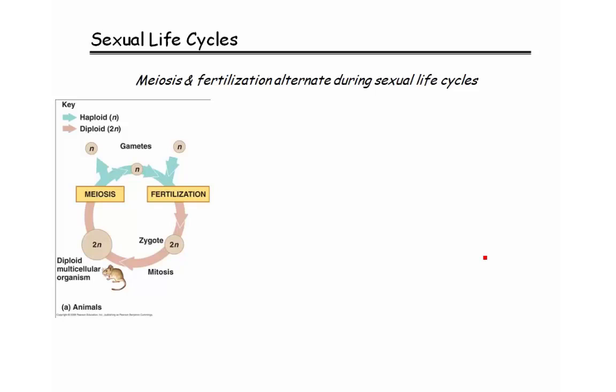The only cells that will be haploid will be egg and sperm cells, which on their own cannot do anything. Notice that to go from the haploid side down to the diploid, we must have fertilization take place. So we need the combining of two different gametes. If we're going to get from the diploid side back to the haploid side, we need the meiosis process to take place, which will cut the chromosome number in half.